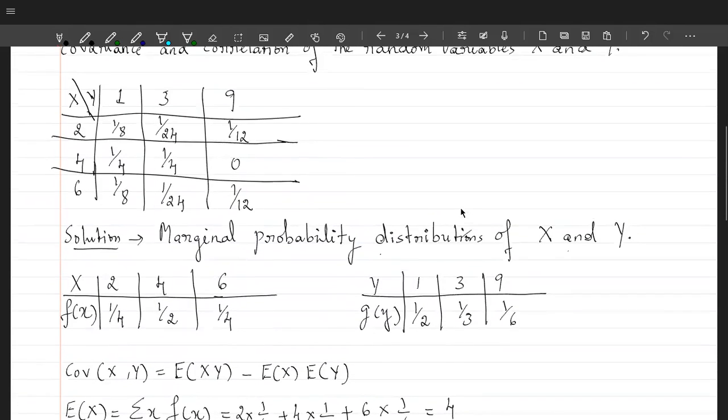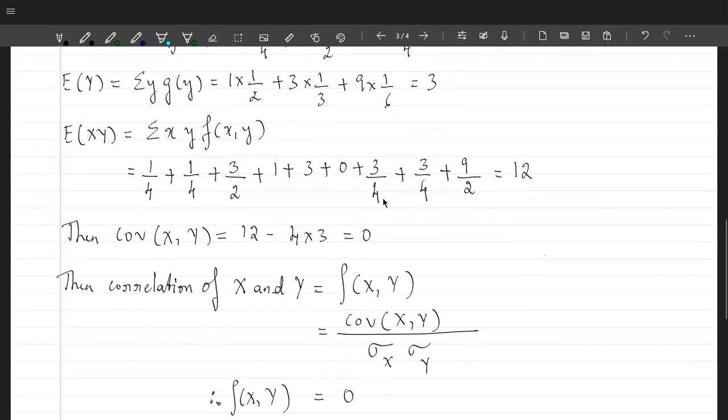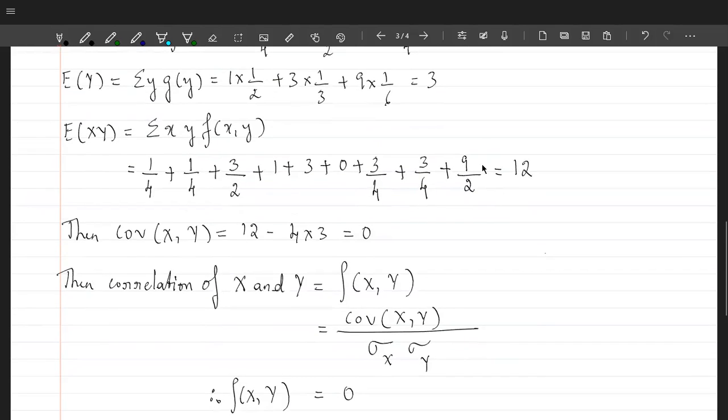Like that, if you continue, the last value will be when x is 6 and when y is 9, corresponding probability is 1 by 12. So 6 into 9, 54. 54 divided by 12. That will be 9 by 2. So if we calculate the value of E of xy, the value will be 12.